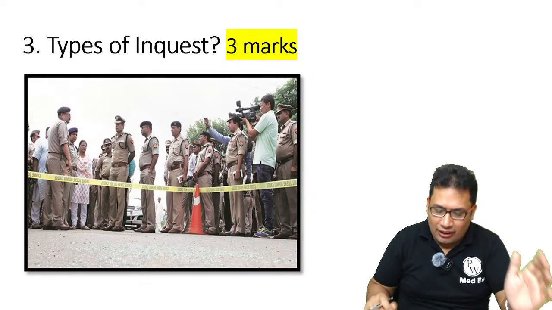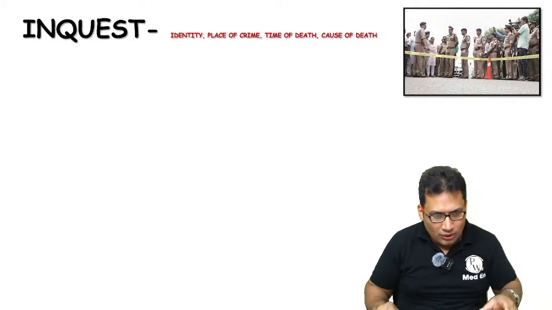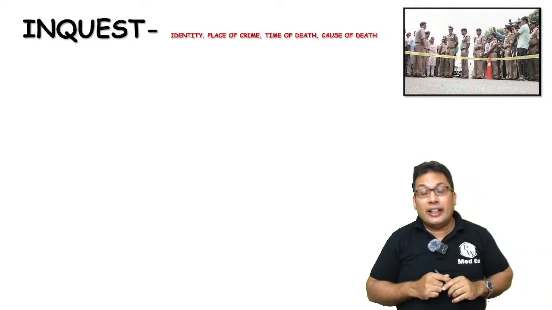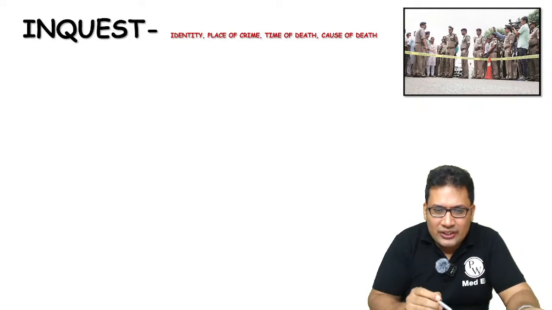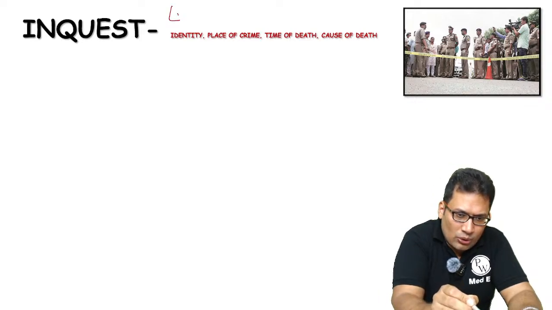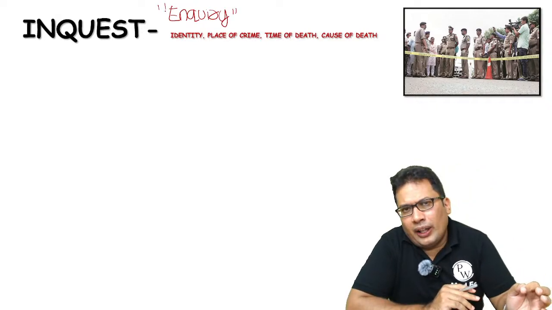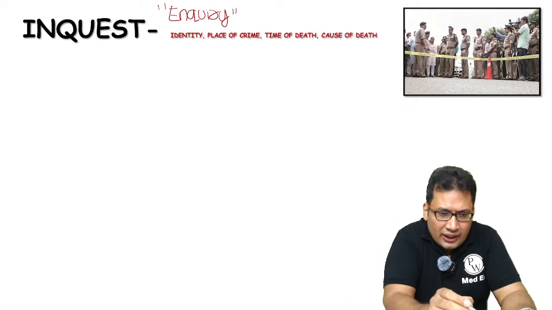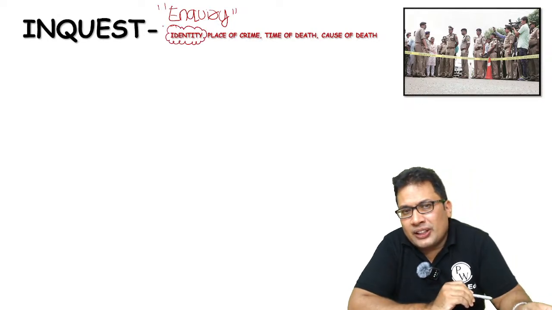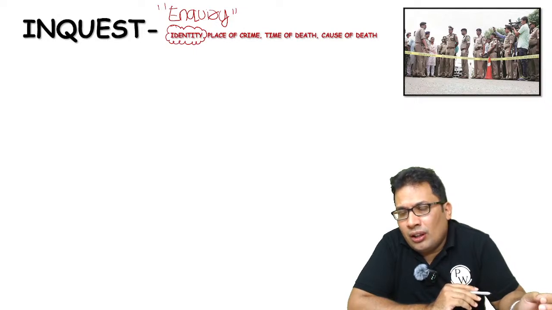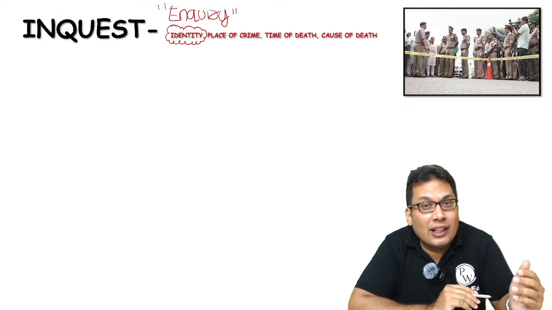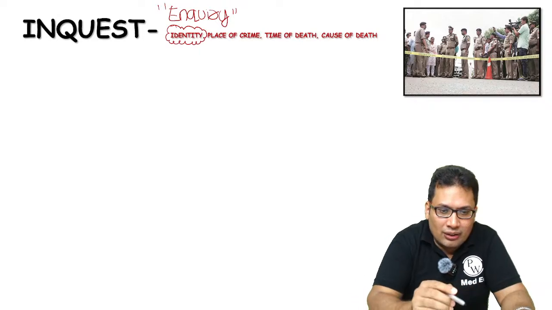So, types of inquest. First, what do you mean by inquest? The inquest means enquiry. Enquiry about what? Identity of the victim, especially in case of unknown dead body. Identification is very important.